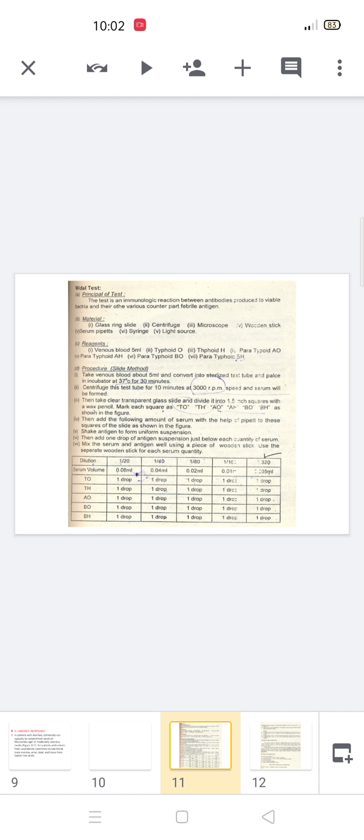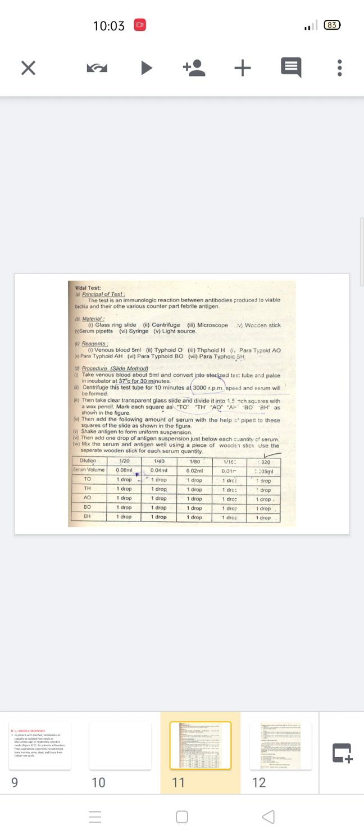The second culture media we can use are the selective media. It means there is only for the salmonella.